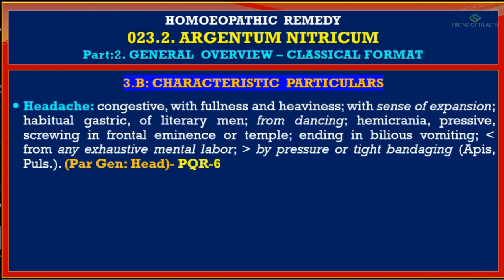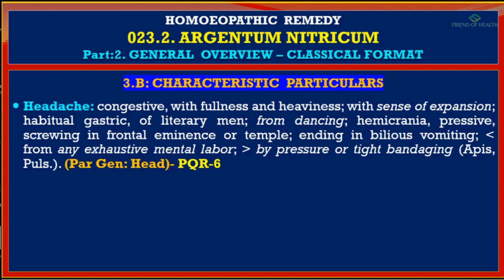These are the complaints for which the patient usually seeks your consultation. Here, the first symptom we are getting is the headache: congestive with fullness and heaviness, with sense of expansion, habitual gastric headache of literary men, from dancing; hemicrania, pressive screwing in frontal eminence or temple, ending in bilious vomiting, worse from any exhaustive mental labor, and better by pressure or tight bandage.